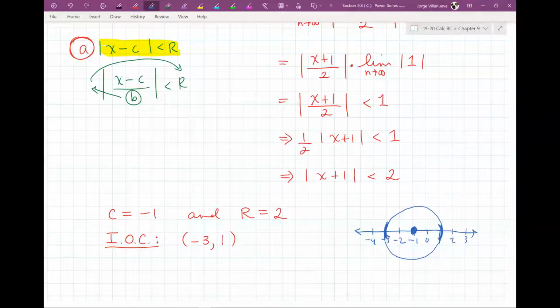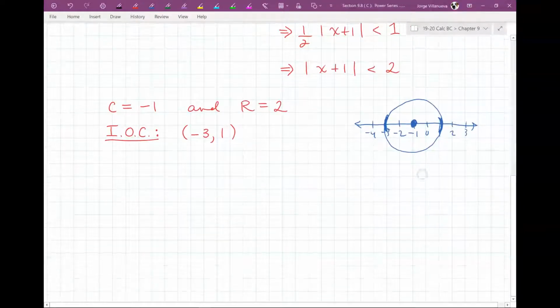So there you go. Now, if they wanted you to figure out the endpoint convergence for these things, like, does it converge at -3? Does it converge at 1? Then we'll do that. So let's practice that one more time because we've only done that once.